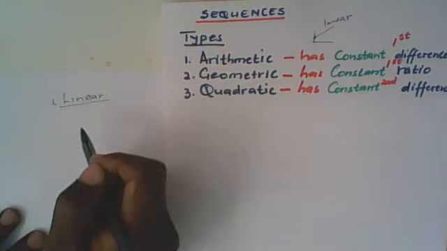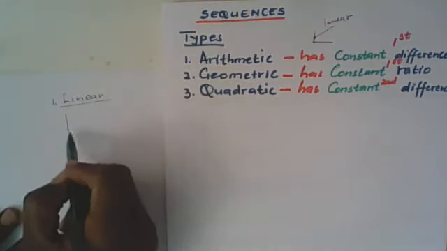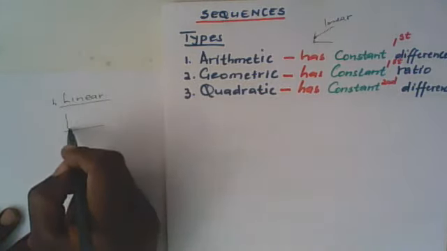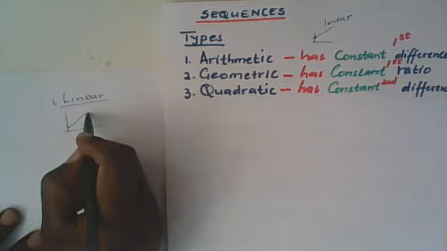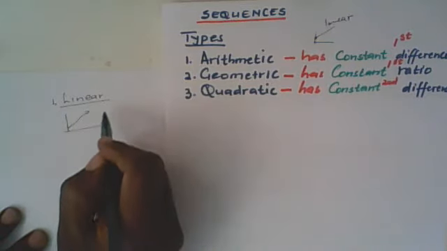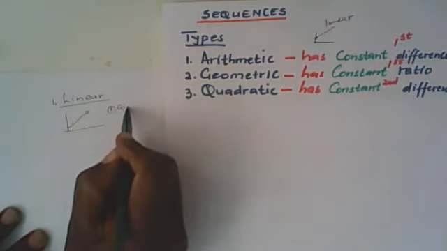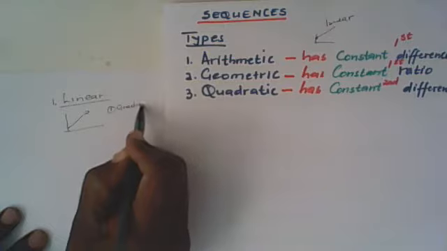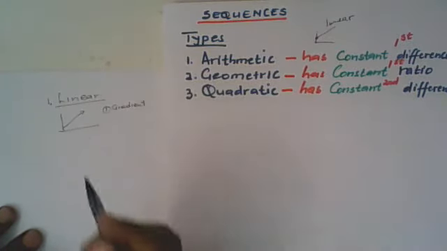The first one, it's linear. That is arithmetic. Normally we need a gradient in order to draw a linear. And let me show you something, guys.